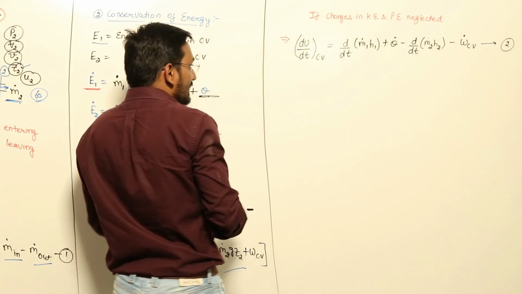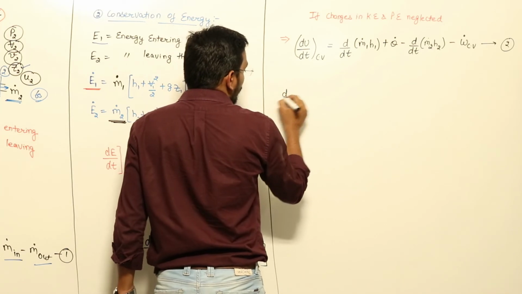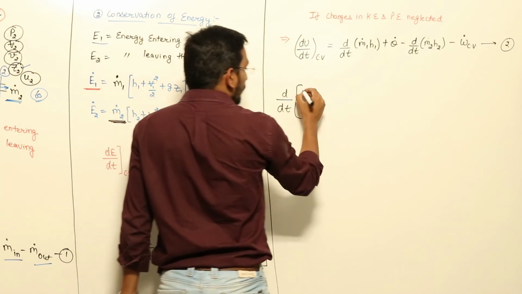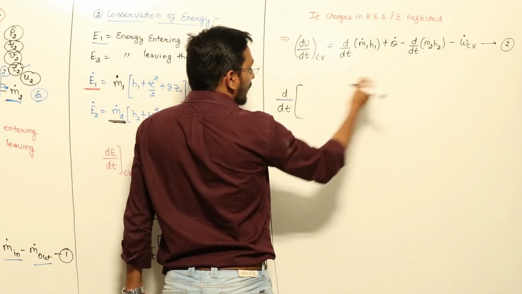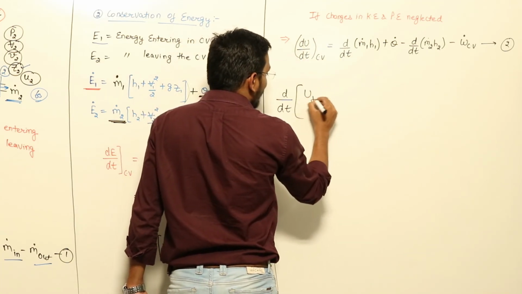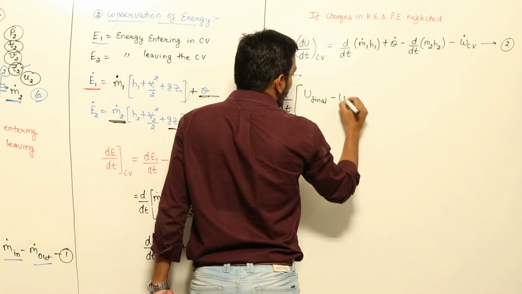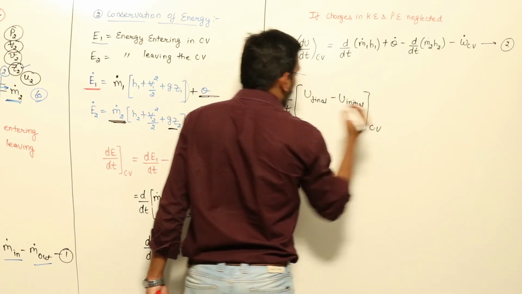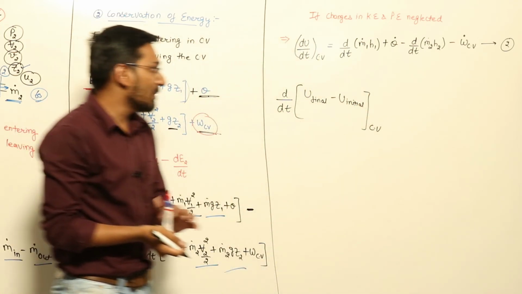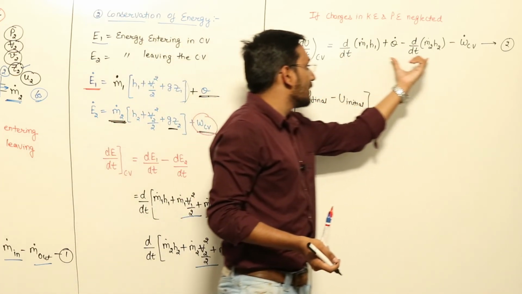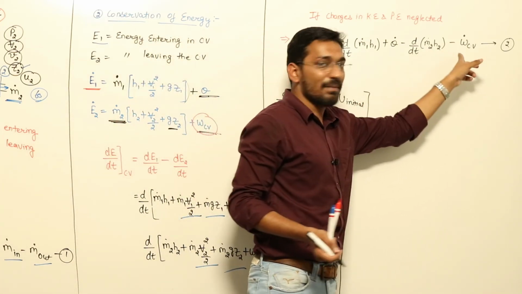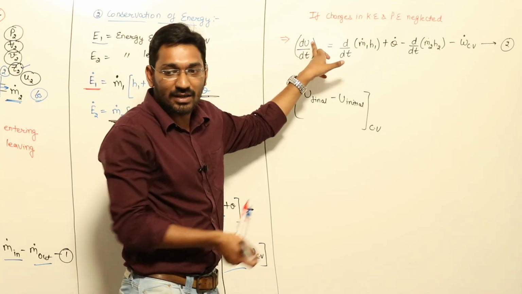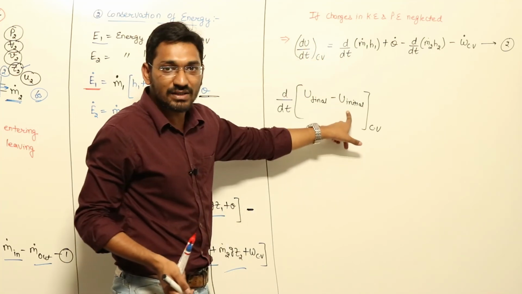Or if I simplify it, this is of the control volume. So change of internal energy of the control volume is U final minus U initial of the control volume, right? Just remember one thing, these terms are multiplied by mass. So this is not small u, this is not specific internal energy, it is internal energy, right?